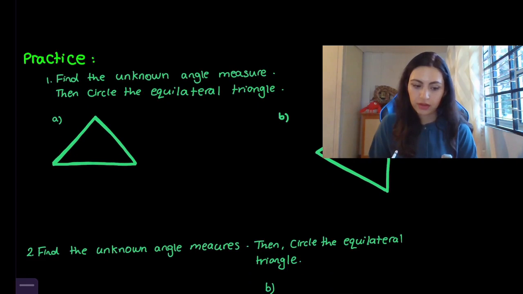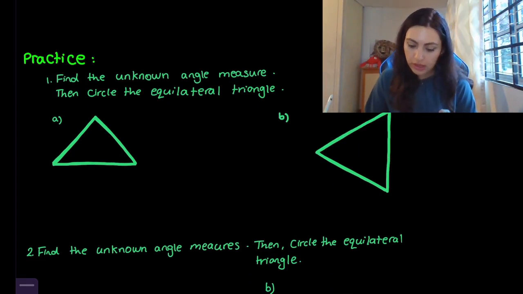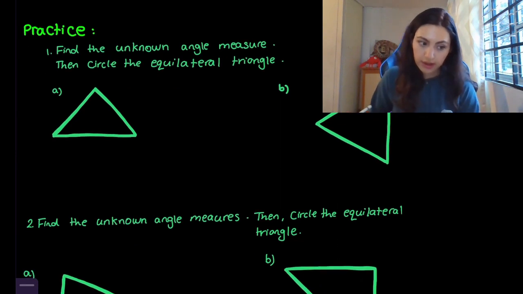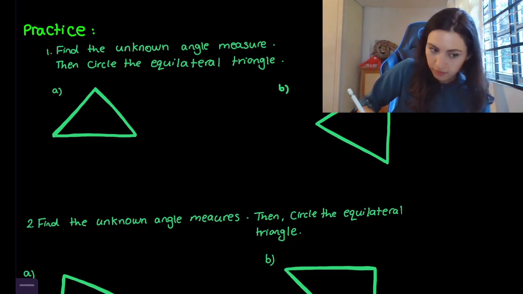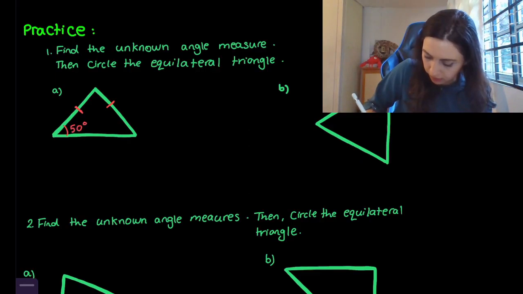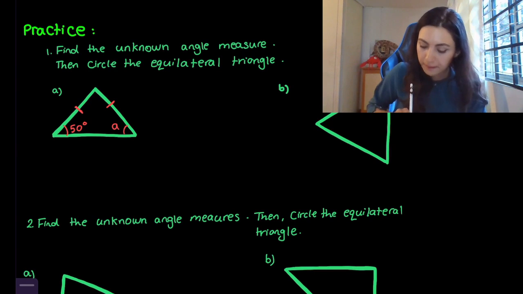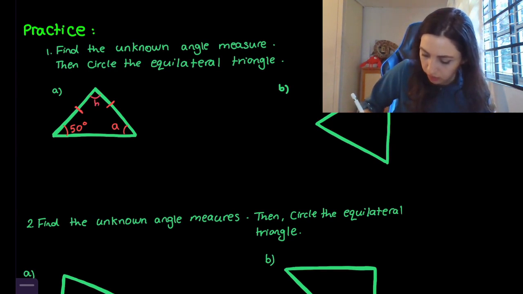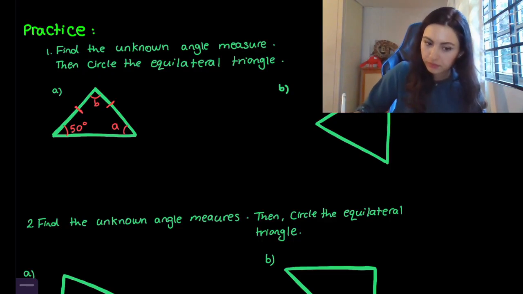Some of the practice questions that I would like you to do: find the unknown angle measure, then circle the equilateral triangle. So find the angles. For A, we have this side equal to this side. This angle is 50 degrees, and this angle we call A. Then you have to find A and also B here.